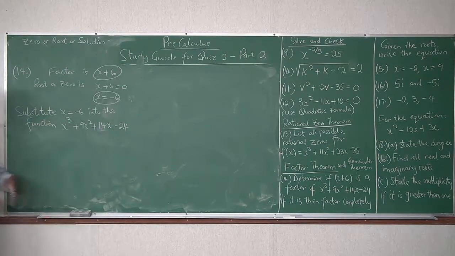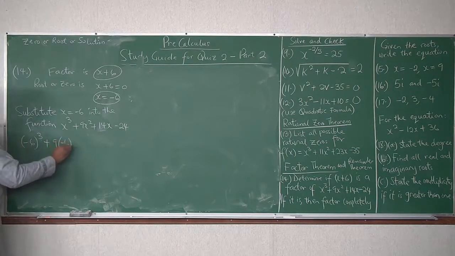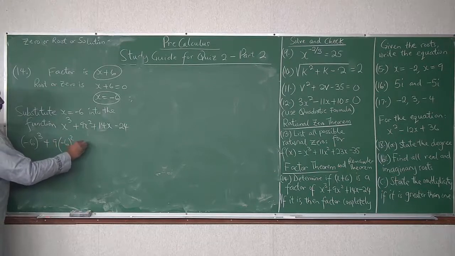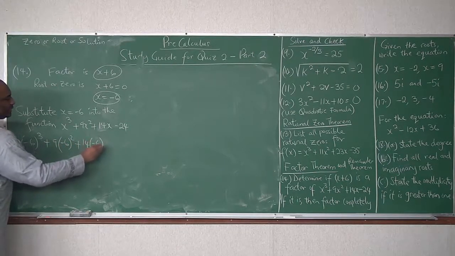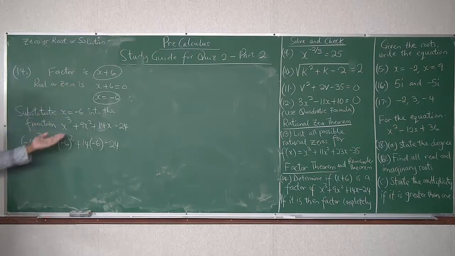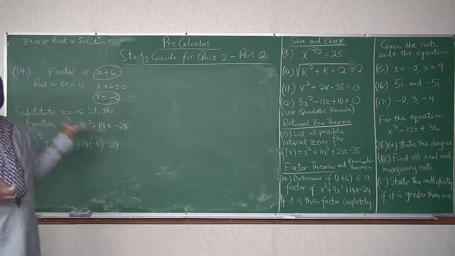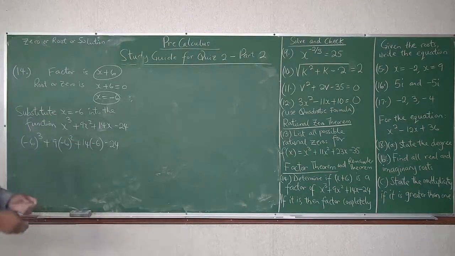So when we do that, we now have -6 all cubed plus 9 times -6 all squared plus 14 times -6 minus 24. This is just to show whether x plus 6 is a factor of x cubed plus 9x squared plus 14x minus 24.